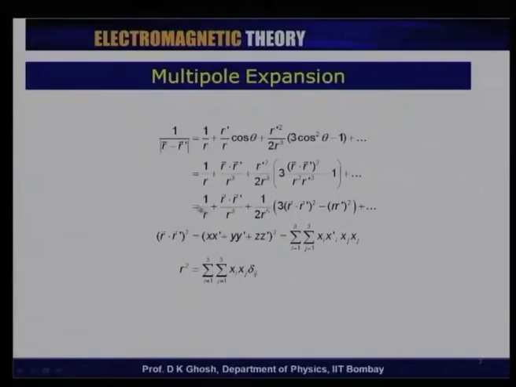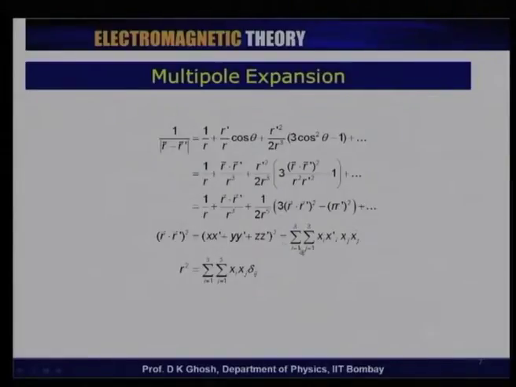If you rearrange them, it becomes 1 over r, plus r dot r prime by r cube, plus 1 over 2 r to the power 5 times 3 (r dot r prime) whole square minus r square r prime square, etcetera, etcetera.